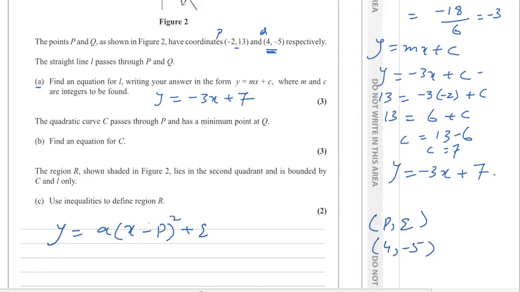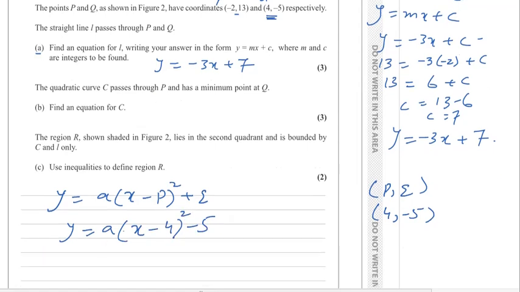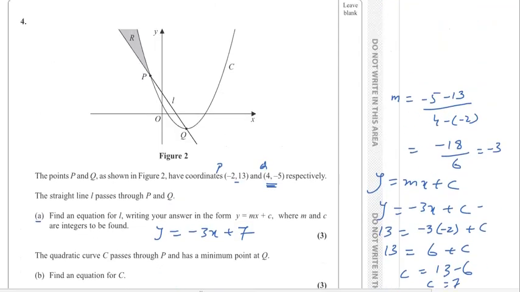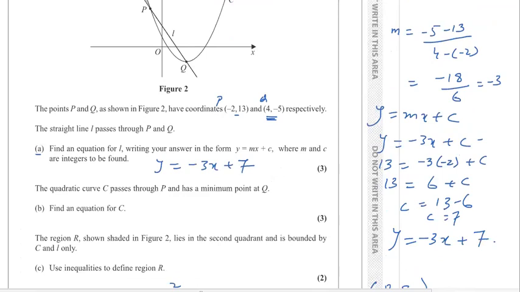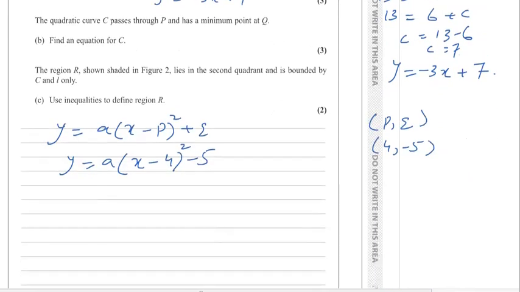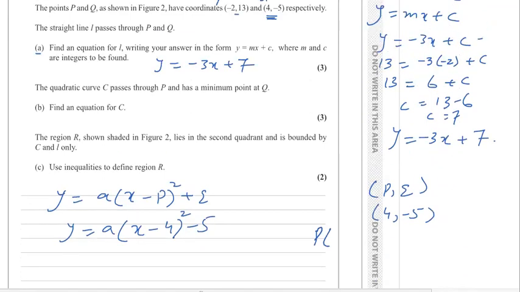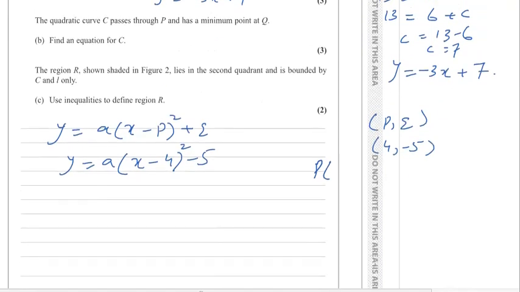So it will take this form: y = a(x - 4)^2 - 5, sorry, it should be squared also. Now to get the value of a, I can use the second point, as point P is also on this curve C. So I put point P, which is (-2, 13).